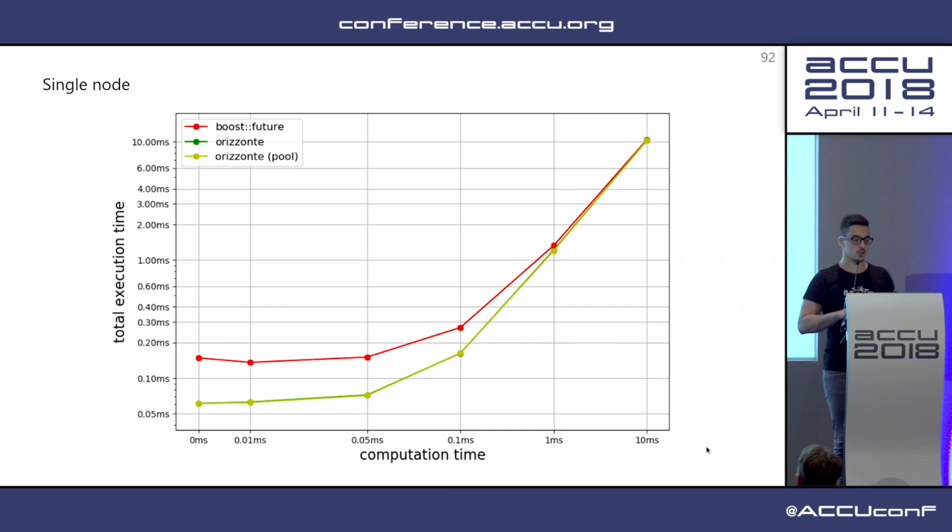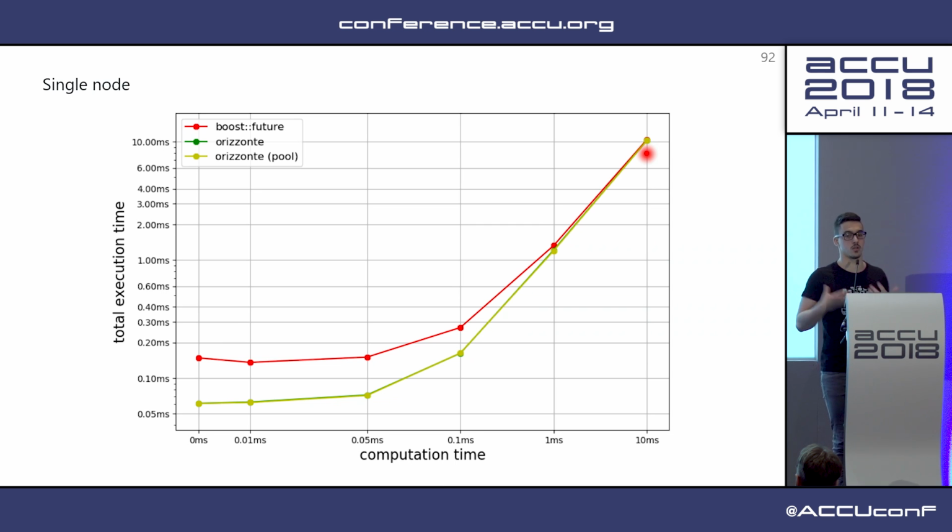And I wanted to measure when it's beneficial to use this system compared to what Boost Future gives you. As an example, if your I/O-bound computation takes 10 milliseconds, then the difference is very, very small. So you won't likely benefit from this.